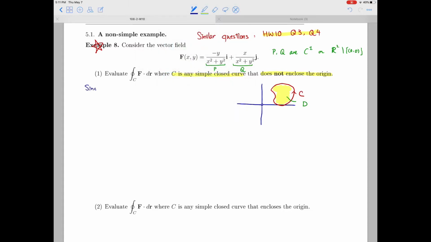So since C does not enclose the origin, that means that the region D does not contain the origin.